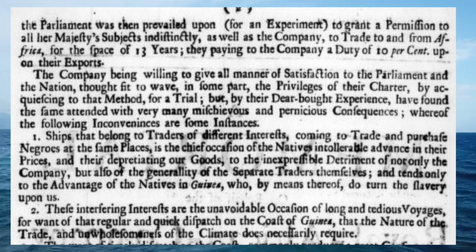As well as the company to trade to and from Africa for the space of 13 years. They paying to the company a duty of 10% upon their exports.